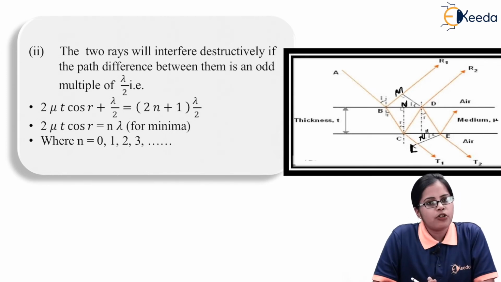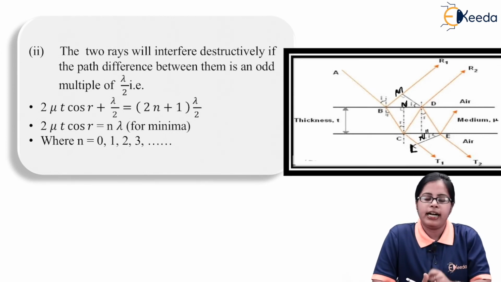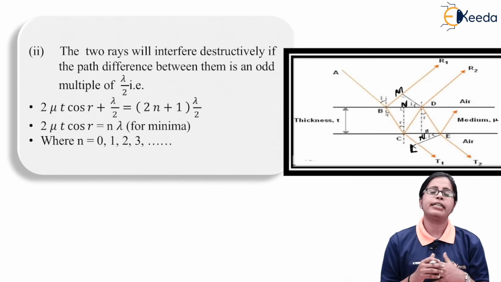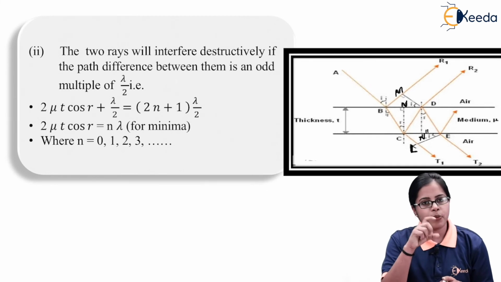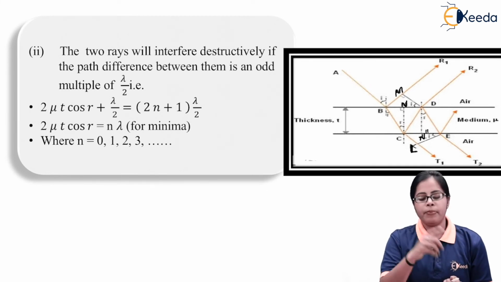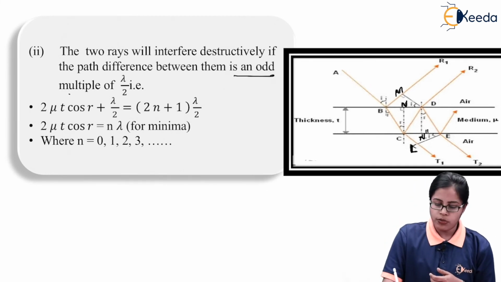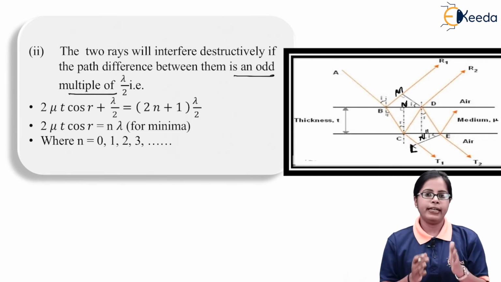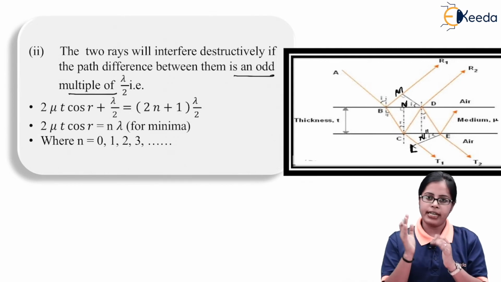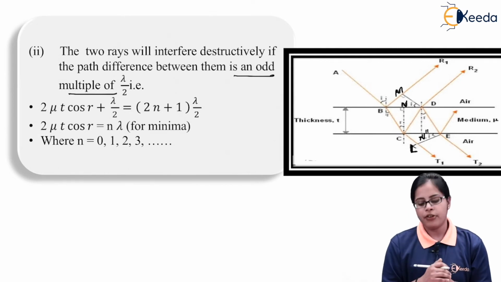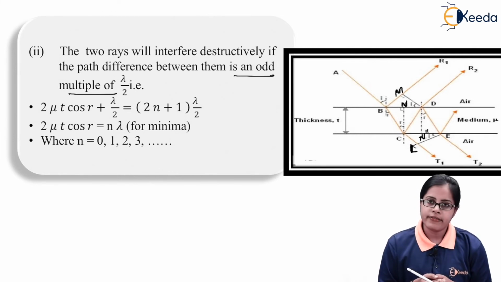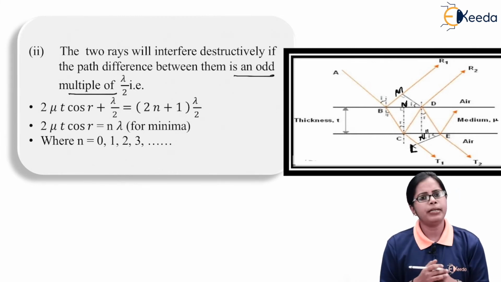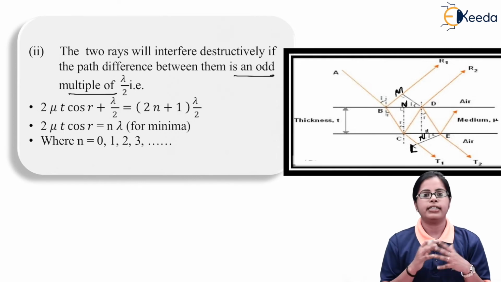And when BR1 ray and DR2 ray undergo destructive interference, the optical path difference between the two rays should be an odd multiple of lambda by 2. So if I'm getting the optical path difference between the ray BR1 and DR2 to be an odd multiple of lambda by 2, then the condition is for destructive interference, or the minima point, or the dark band.